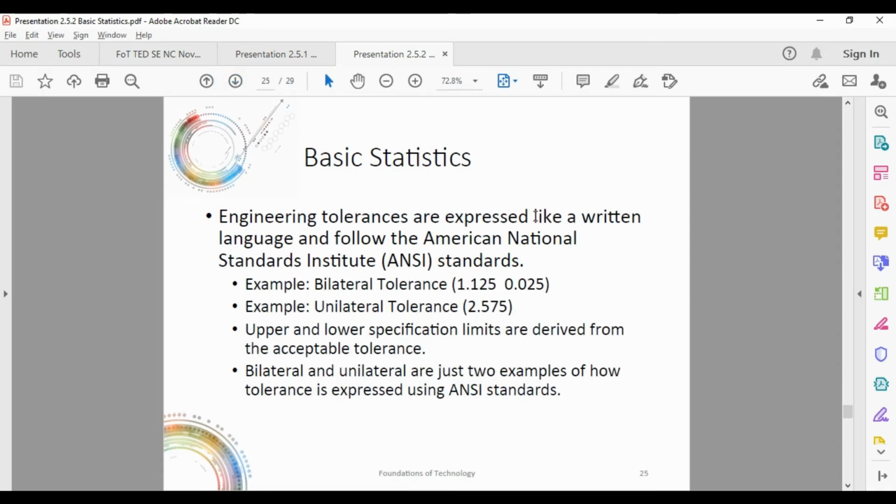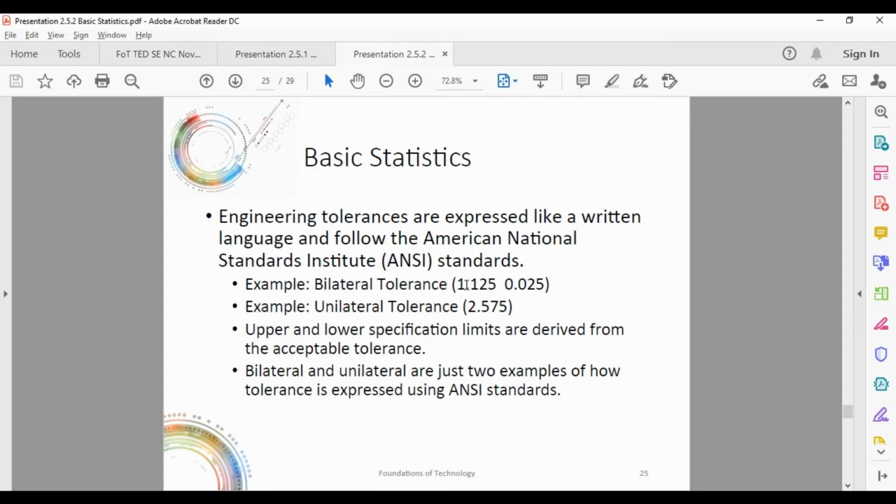Engineering tolerances are expressed like a written language and follow the American National Standards Institute, ANSI, standards. There are some other standards out there, but they all follow the same thing. Okay, bilateral tolerance. Now, this isn't all of the ways that you're going to see it, but they are there.